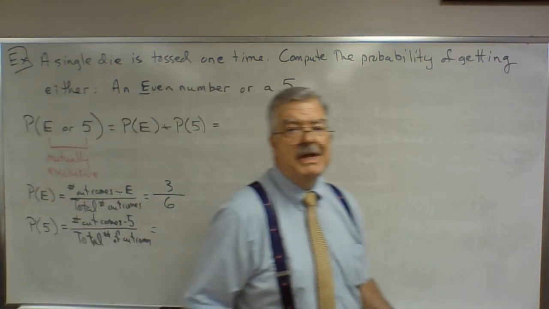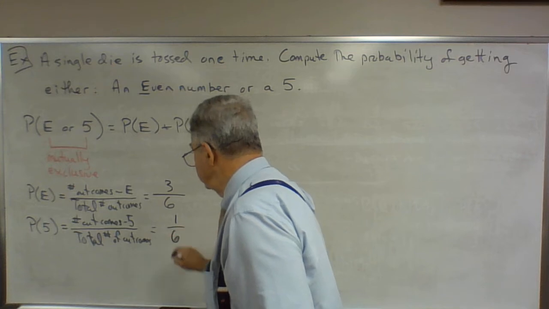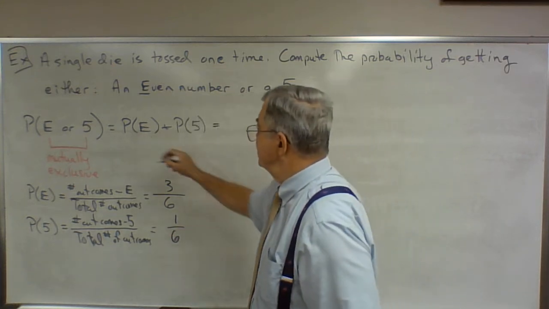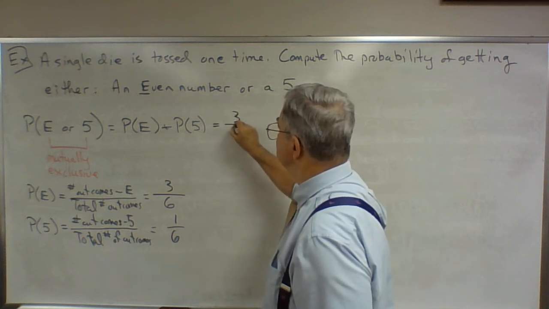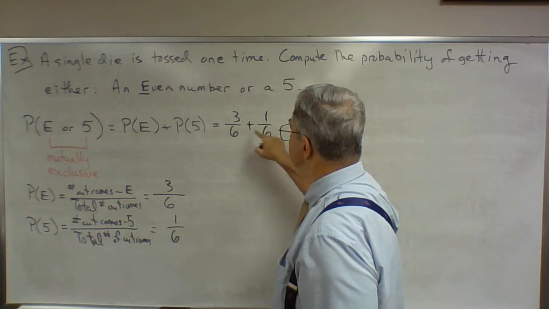There's only one way we can get a 5. 6 possible outcomes. Probability of E is 3/6. Probability of 5 is 1/6.